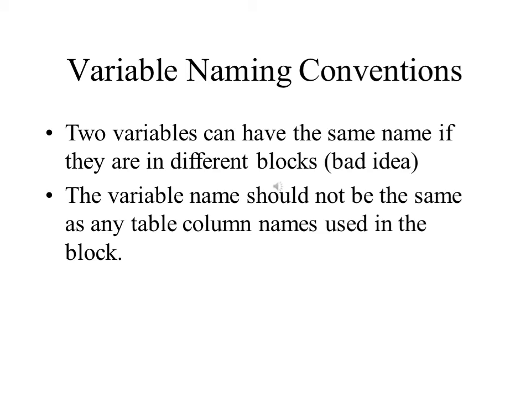In a complex program, sometimes we may have to include many identifiers. These identifiers include variables, cursors, etc. So to avoid confusion and to increase the readability of such programs, we need to follow certain naming conventions.